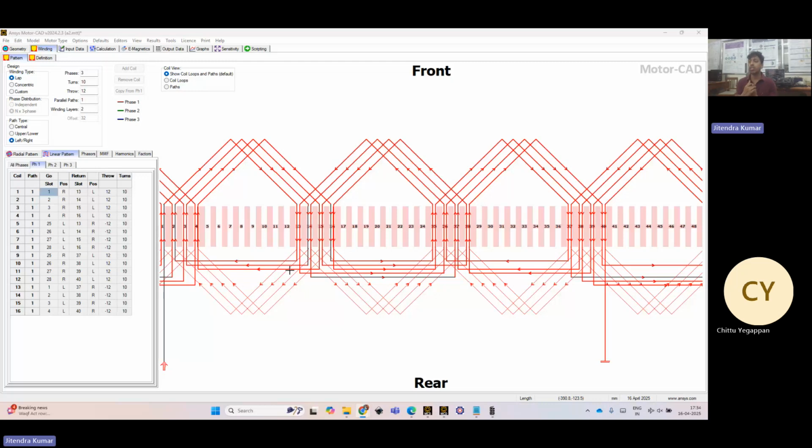We have fractional ones like 12 by 10, which is a very famous combination. 12 by 10 by 3: 12 slots, 10 poles, and 3 phases. Is it rational or irrational?